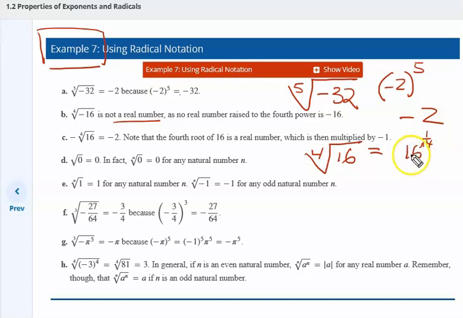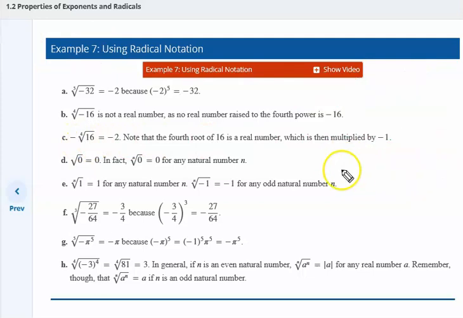Put that in your calculator, you see that it's 2. And then we apply that negative 1 times this, which makes this a negative 2. All right, we'll unclutter that.